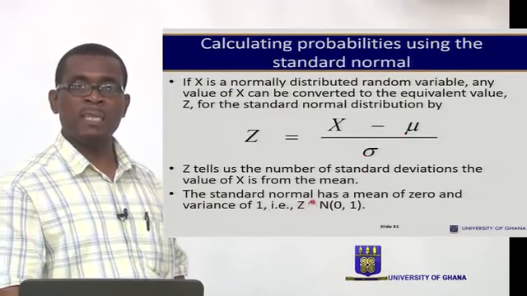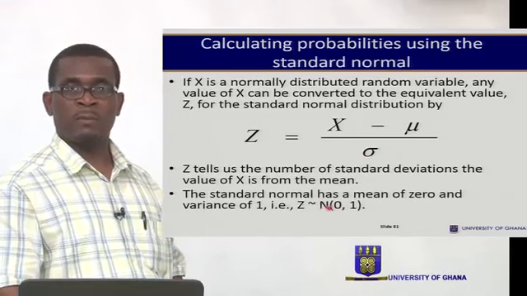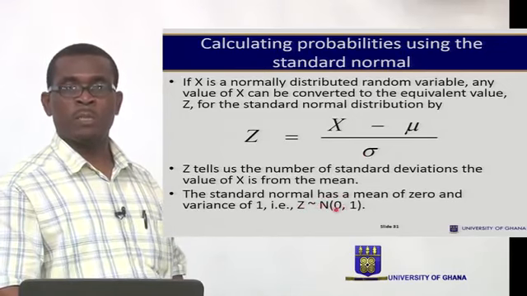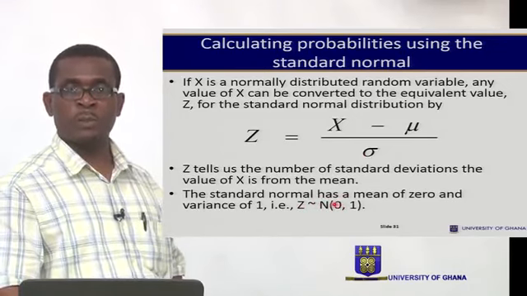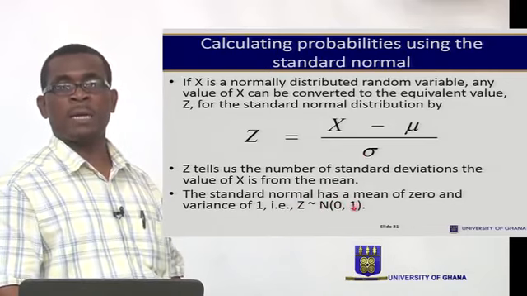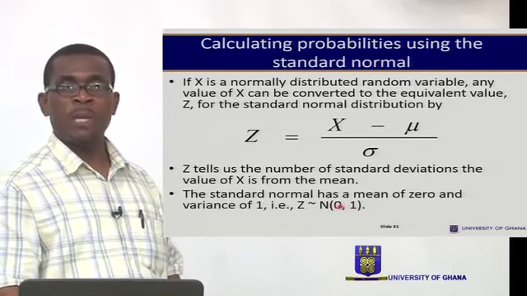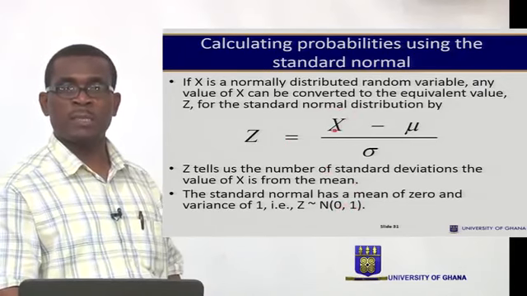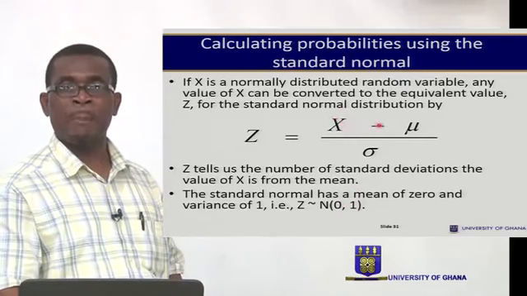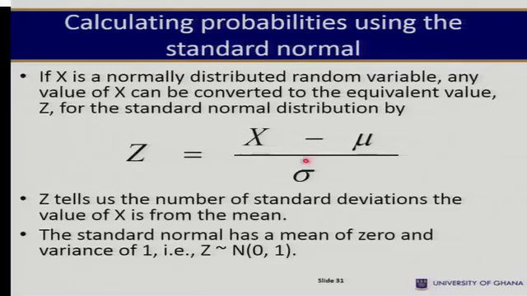And we are saying that z, the standard normal variable, is normally distributed with a mean of 0 and a standard deviation of 1, or a variance of 1. Why would the mean be 0? Because if you are constructing z as x minus mu over sigma, where the x value is equal to the mean, then it will be mu minus mu, so the top will be 0.